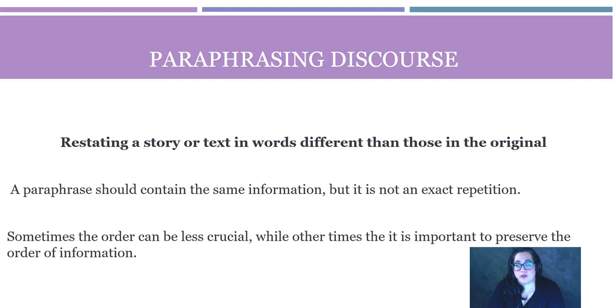This is what we've been working on. Restating a story or text in words different than those of the original. So we've been along the way doing some assignments that have been building up this skill and doing this exactly. The paraphrase should contain the same information, but notice it is not an exact repetition.